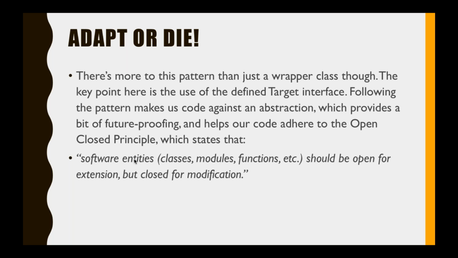Further, if tomorrow my payroll system changes the method, so that it will not accept the payroll system object but, let's say, some payroll system one object, then also I will just need to make the changes in my adapter, and the clients will not be impacted. So that's why the adapter helps me achieve this kind of future-proofing against code changes which can come tomorrow.